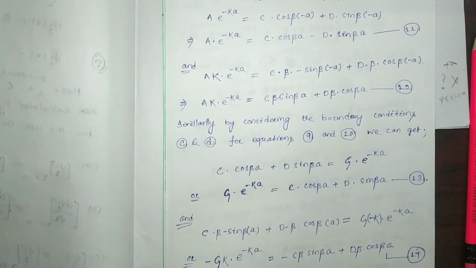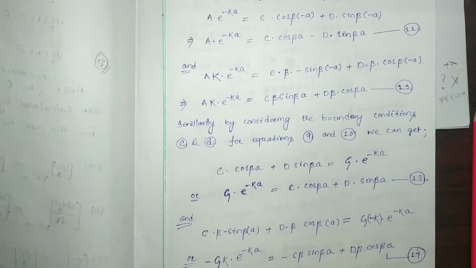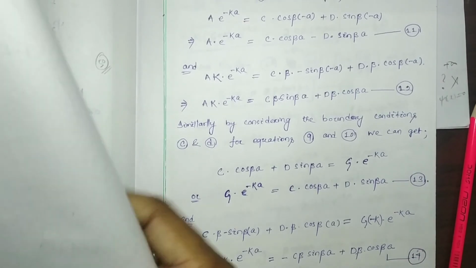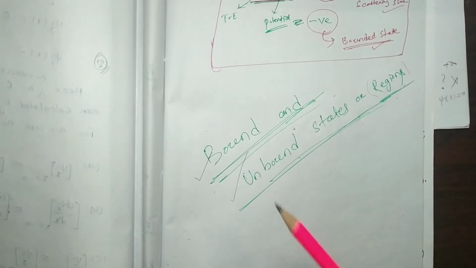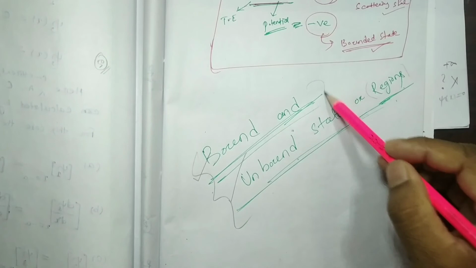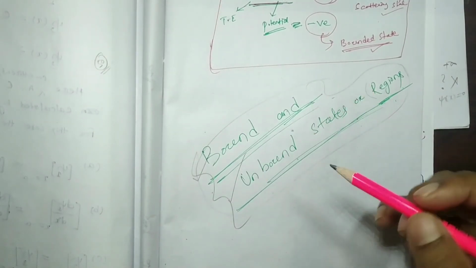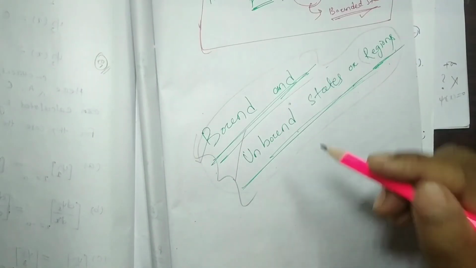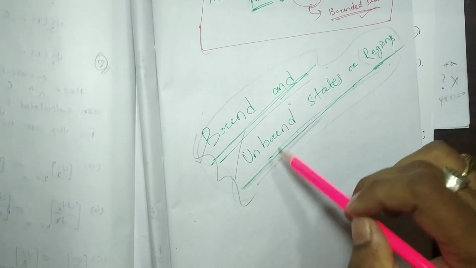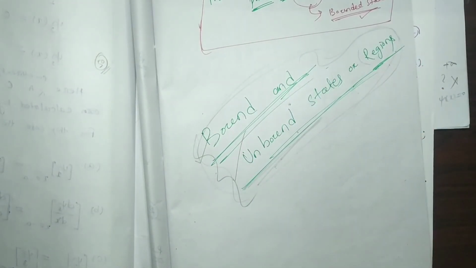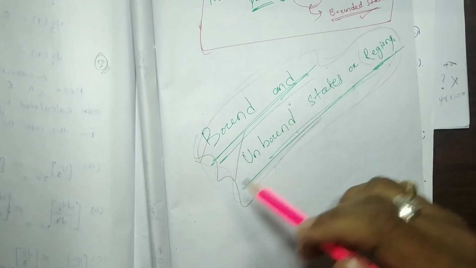In the last class itself I told you to write down a note regarding bound and unbound states or regions, because this topic is not exactly in your syllabus, but I gave a basic idea about bound and unbound states in that last video.